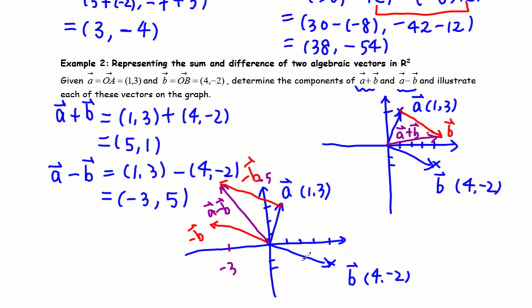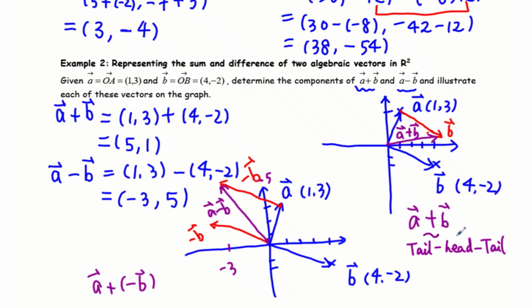Okay, so this is how we draw it: we draw A plus the flipped B in the other direction, that is minus B. And when we add them, we put the tail to the head, so tail, head, then put another tail.